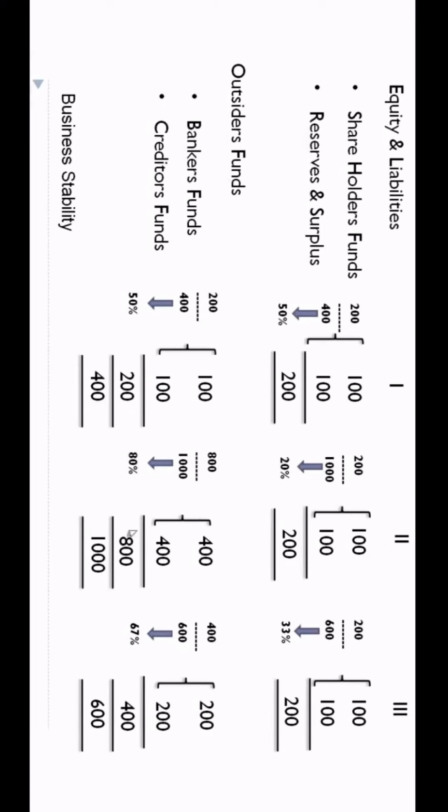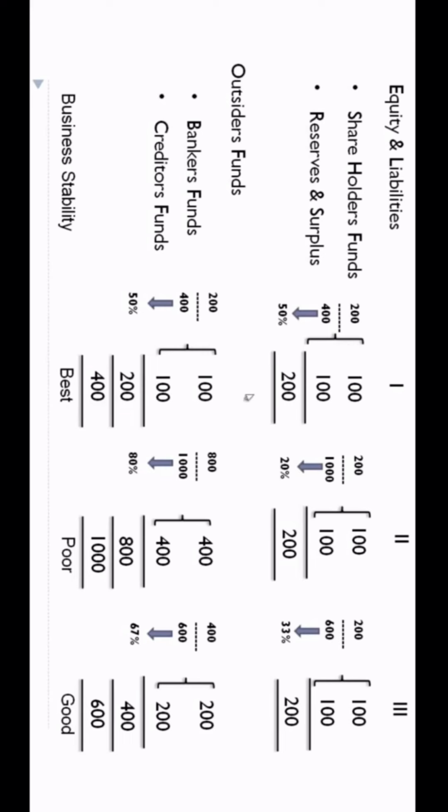They have funded 80% of the requirements for the business unit and only 20% is from the owner. And if these guys suddenly withdraw the support, or if they ask for the payment, and if some of their payment is not honored, it is highly possible that these guys will take the company in scenario 2 for a ride for not meeting their obligation. So business stability will be very poor in scenario 2. It will be good in scenario 3, but it will be at its best in scenario 1, because here the owners' level of contribution is high.